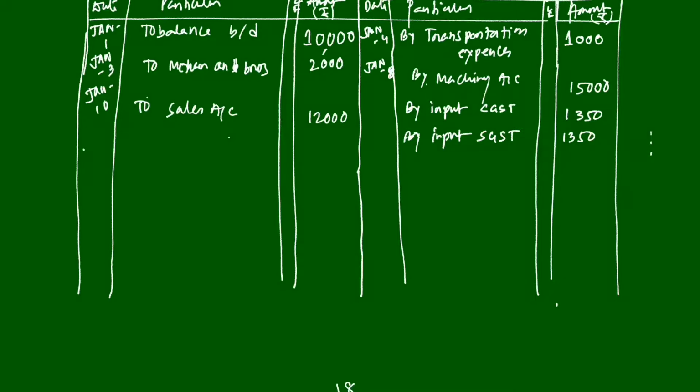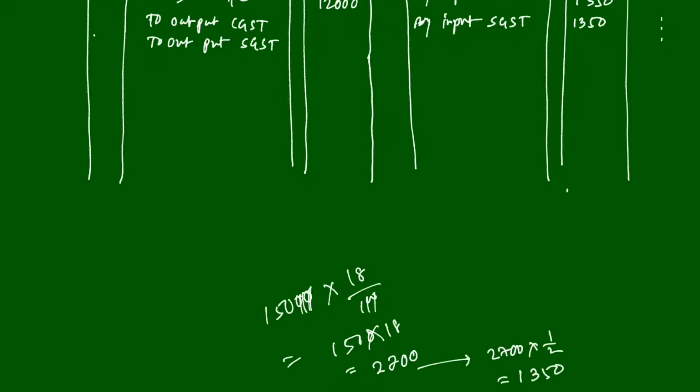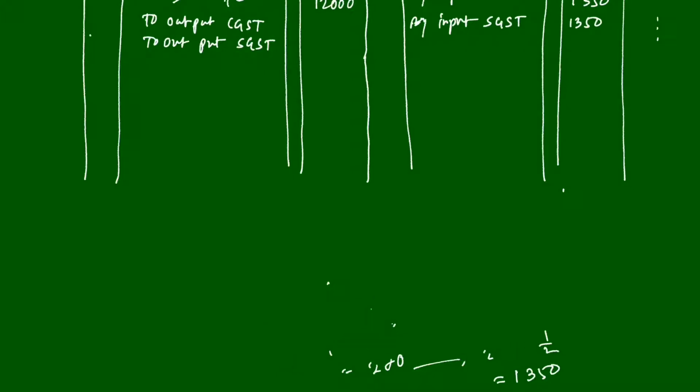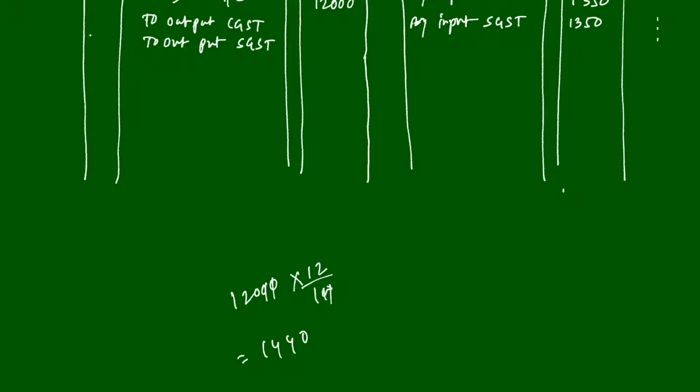When you sell, in that case you have to put output GST: CGST to output, SGST. What is the value? 12,000 into 12% is 1440.